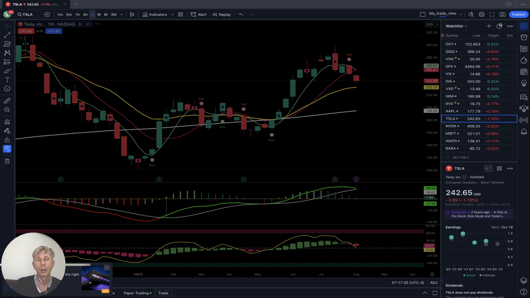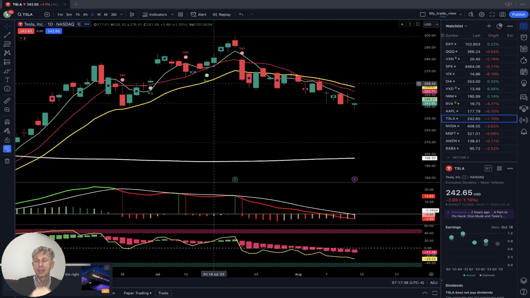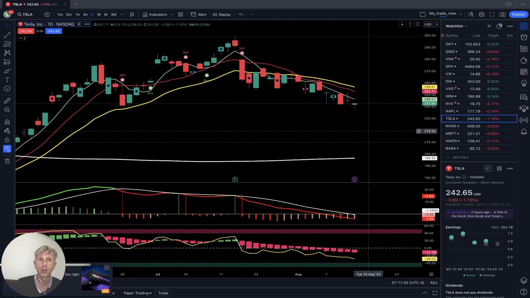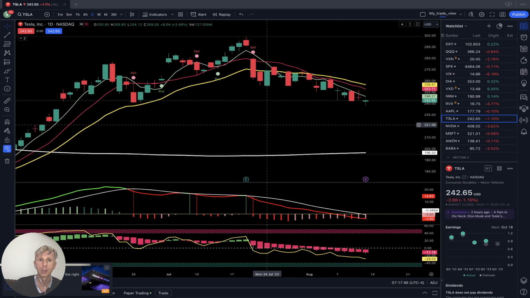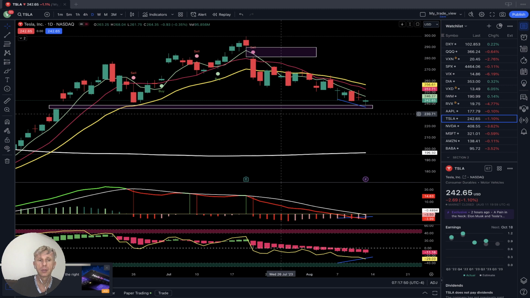Let's check daily. Daily, it's very bearish, right? Bearish reversal, bearish trend on all indicators for Tesla. No changes. I'm sorry, let me turn on gaps. You see gaps, and the last gap.